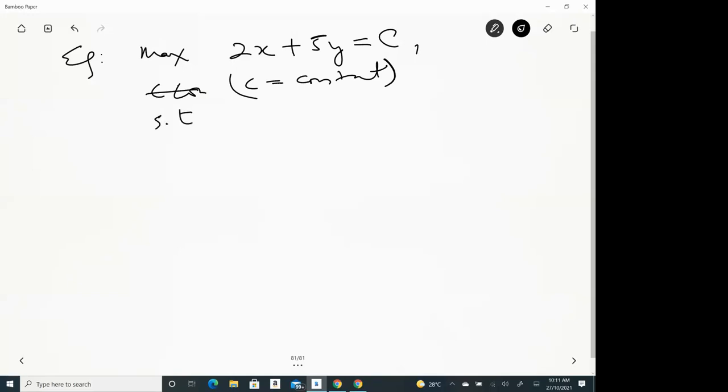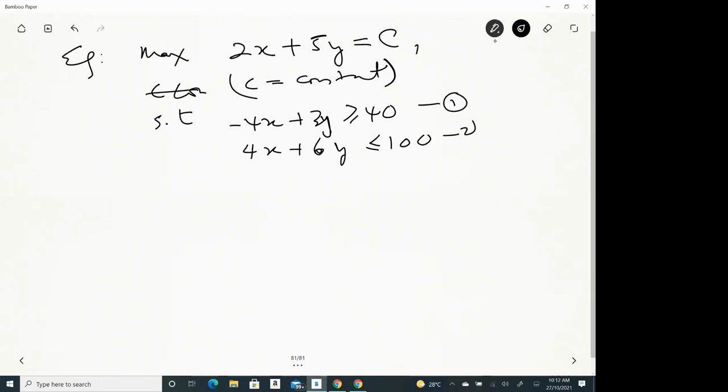Okay, these are the inequalities, the constraints. Subject to the constraints: negative 4x plus 3y bigger or equal to 40, call it number 1. And then I have 4x plus 6y less or equal to 100.